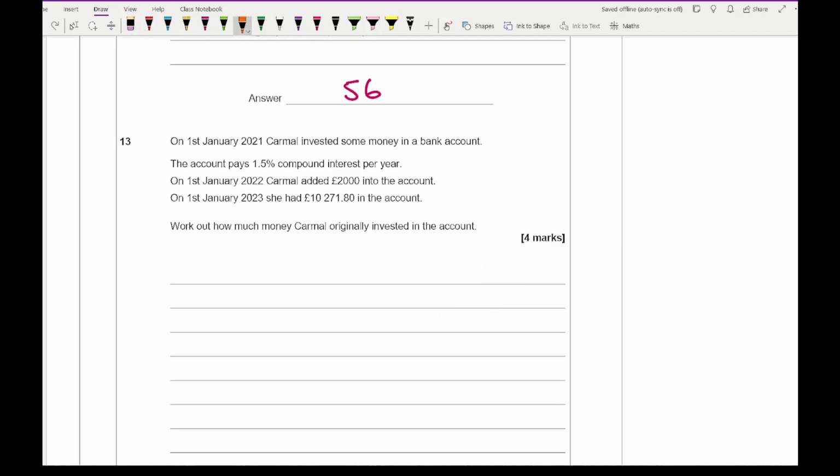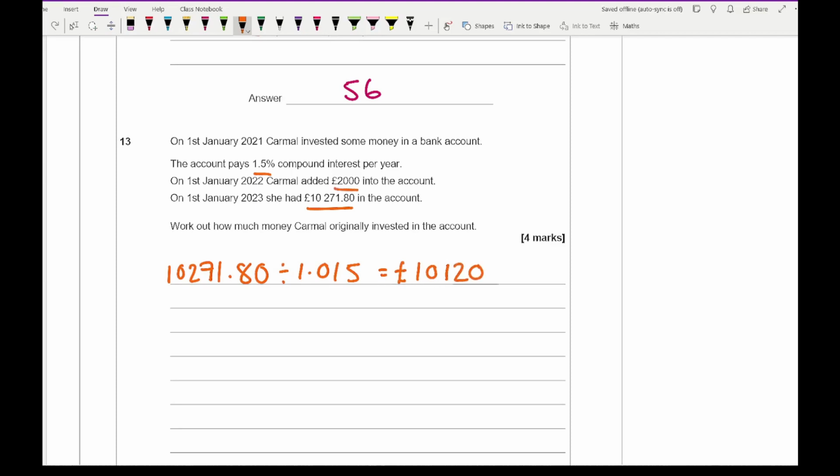So working backwards, this was our answer from the compound interest. Rather than multiplying, we're now going to divide by the decimal multiplier, which for 1.5% interest is 1.015. If I type 10271.8 divided by 1.015 into my calculator, I get an answer of £10,120.